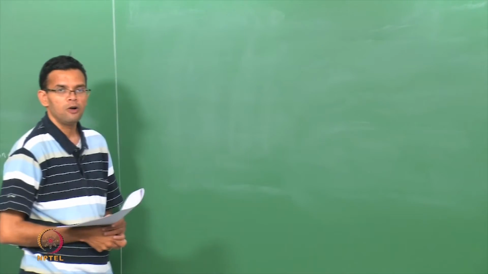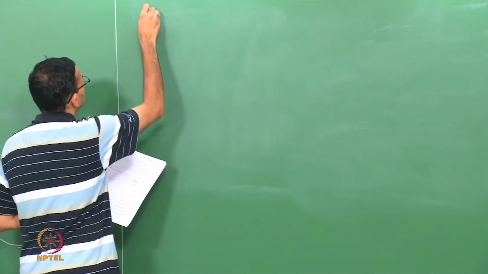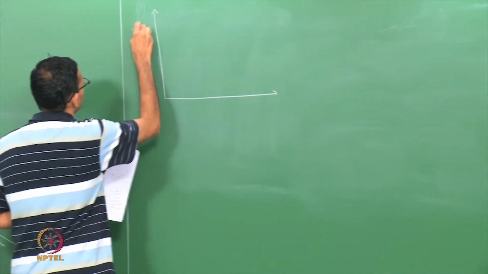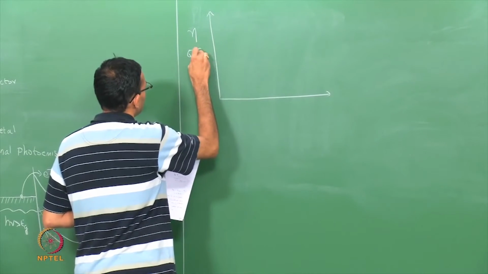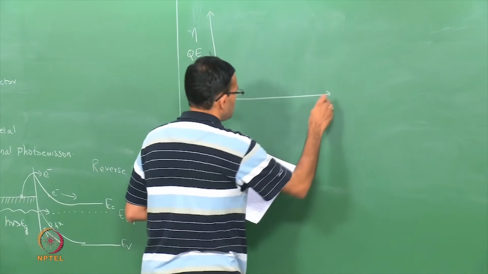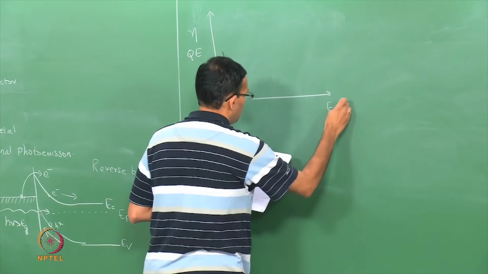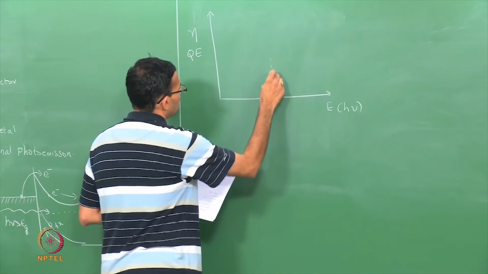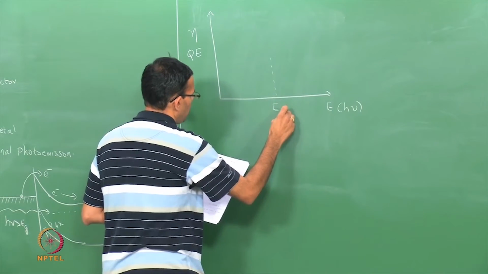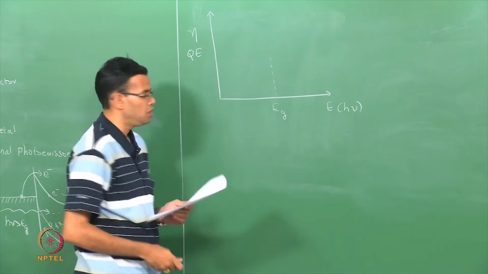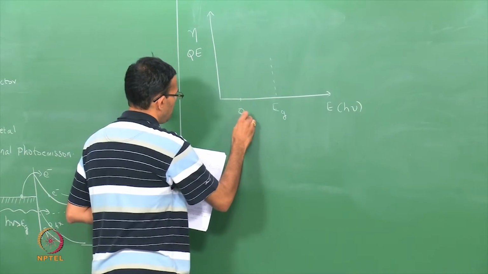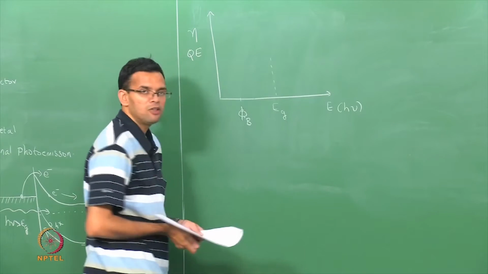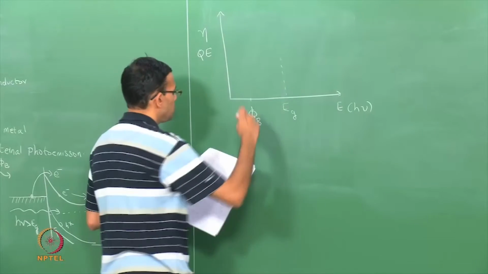So, if you were to draw the quantum efficiency of this device versus the energy, so eta is your quantum efficiency QE versus energy E of the light, so that is just h mu. You have one term that corresponds to Eg, then there is phi b, which is the barrier. So, anything below the barrier will not get absorbed.